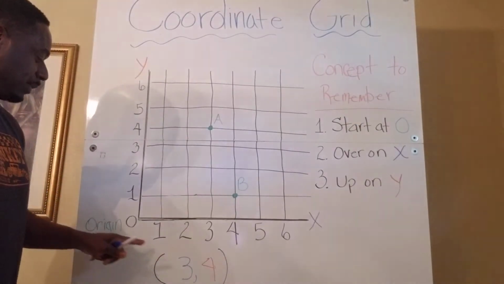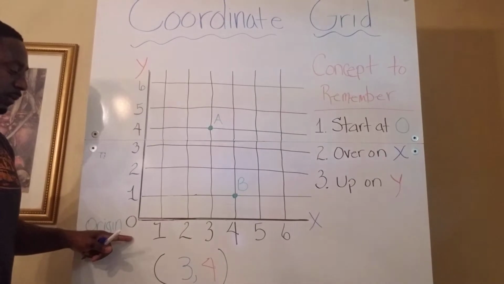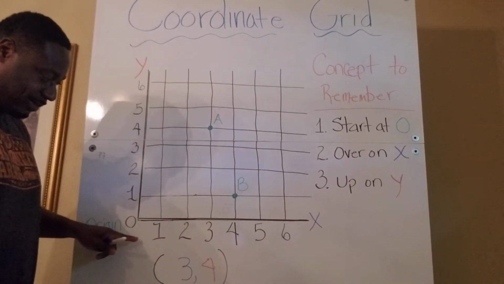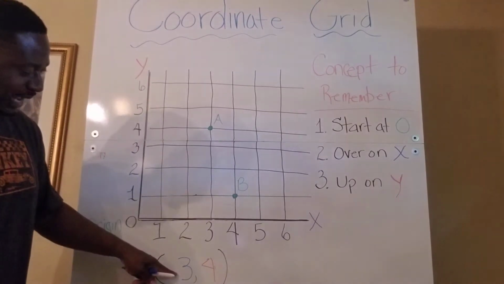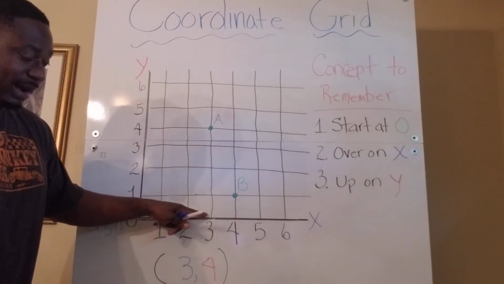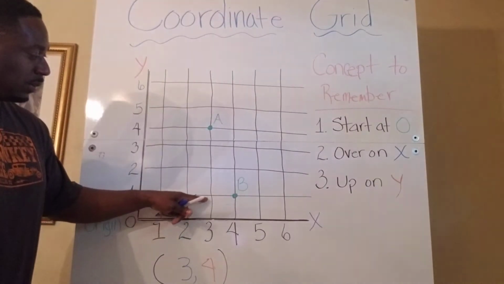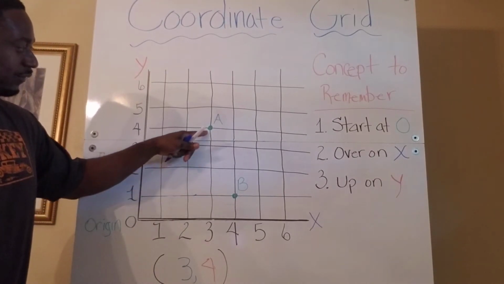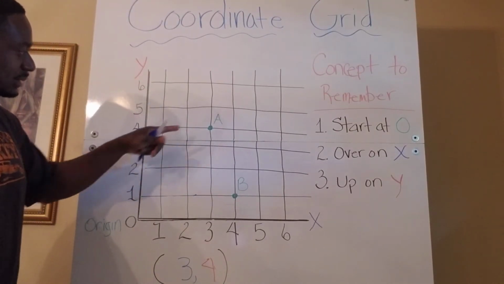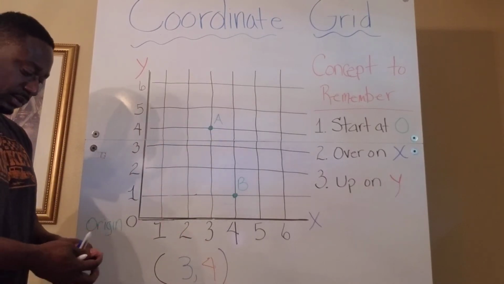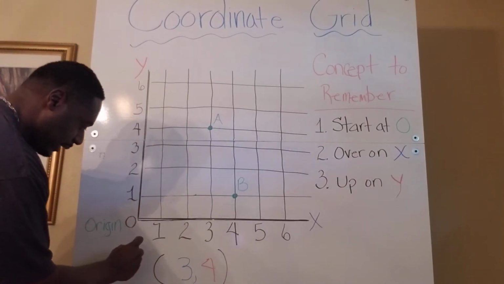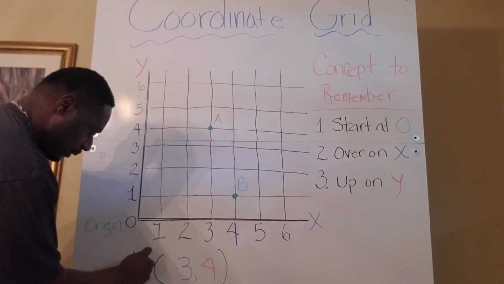How do we get that? Again, we start on our origin. We go over the correct amount of ticks, which is 1, 2, 3, which is what we have here on our x-axis. Now we want to go up 4, 1, 2, 3, 4 on our y-axis, and then we plot A. I'm going to just put this right here for A.